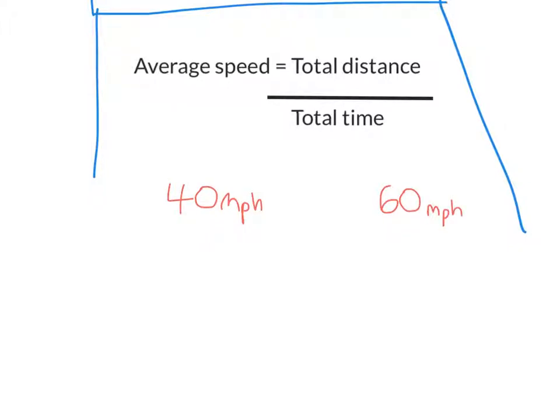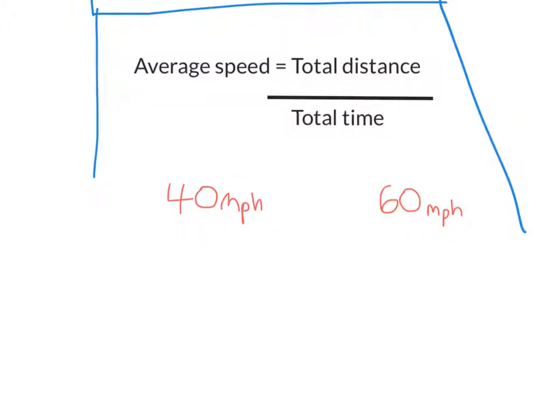And imagine they ask you, what's the average speed of the whole trip there and back? Well, a lot of students would add 40 plus 60 and divide by 2, they would get 50. They'd be like, well, clearly the average speed was 50 miles per hour. And that is wrong. Okay, that is very wrong.